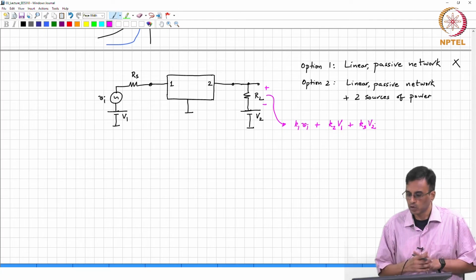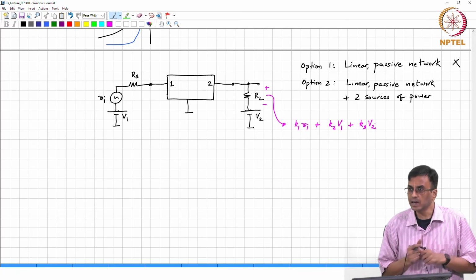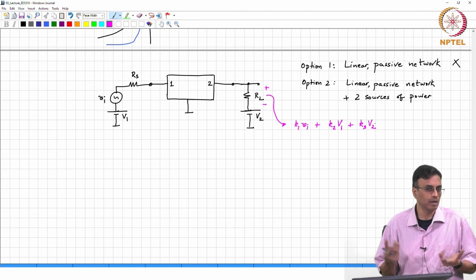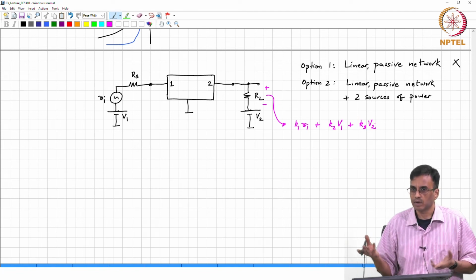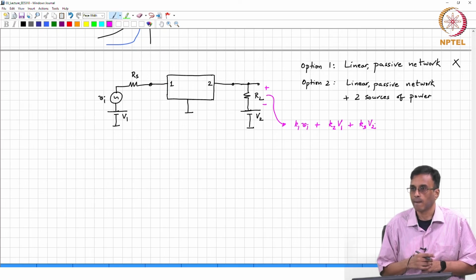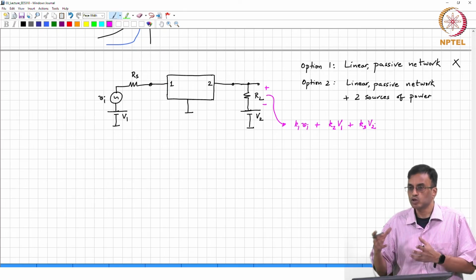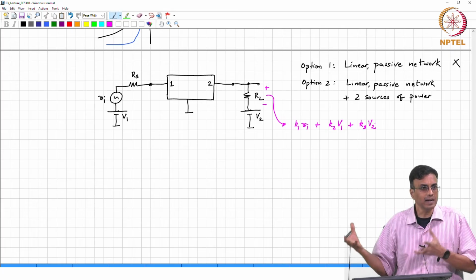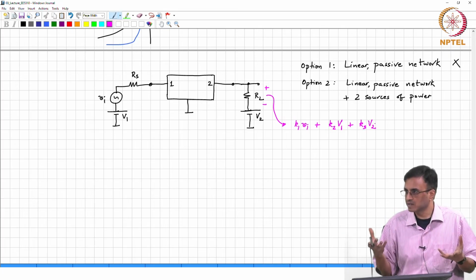So, in general, what comment can you make about the power dissipated in RL? Can it be greater than the power drawn from Vi? It can be, right, but all that power is basically due to V1 and V2, that is not what we are interested in, correct.